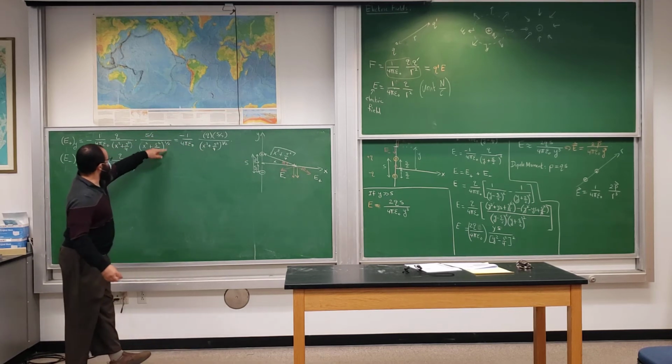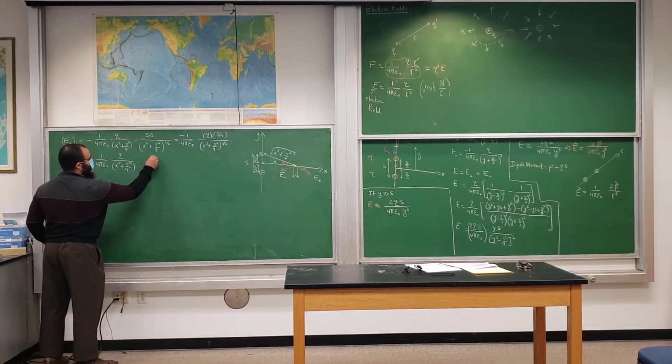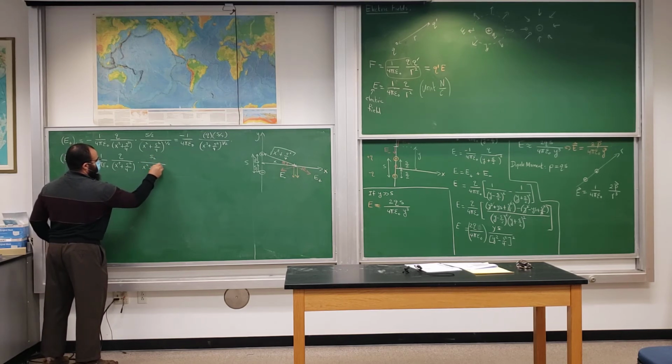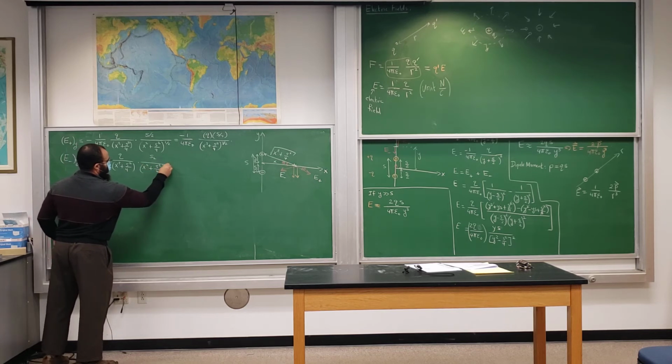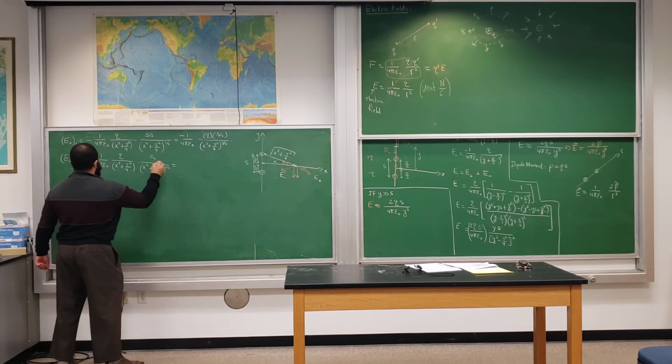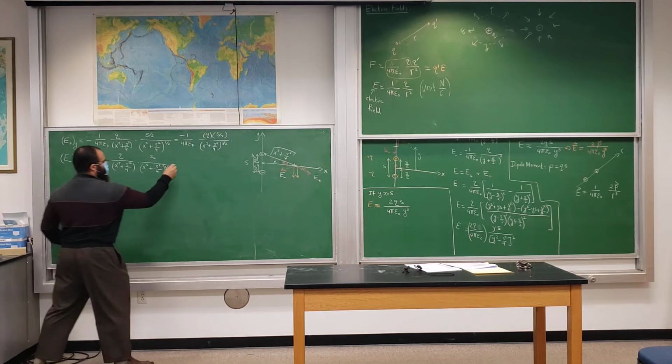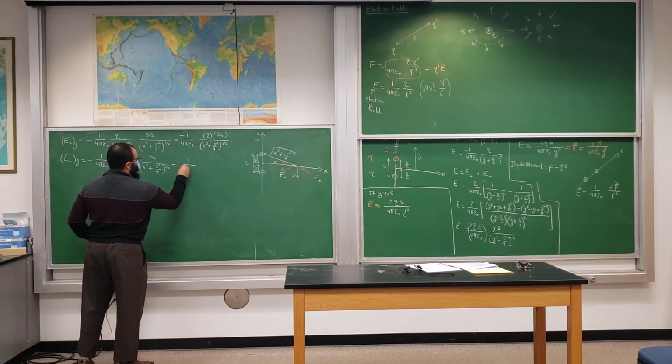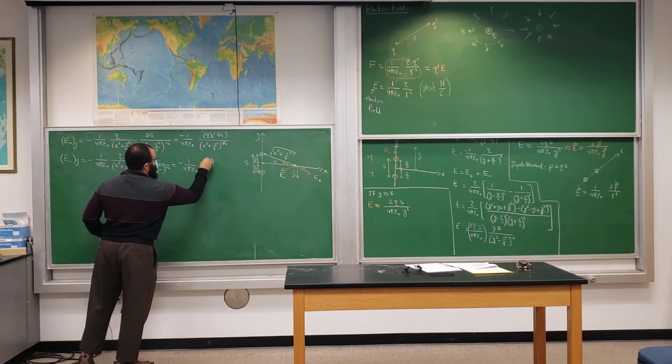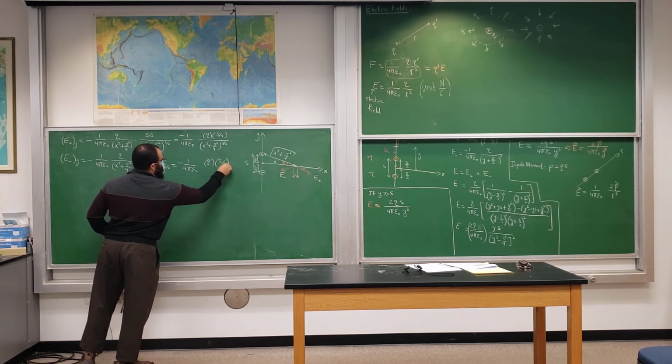So minus 1/4 pi epsilon naught, q times s over 2 over x squared plus s squared over 4 to the power 3/2.